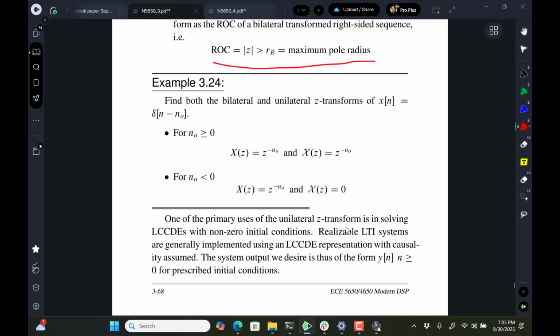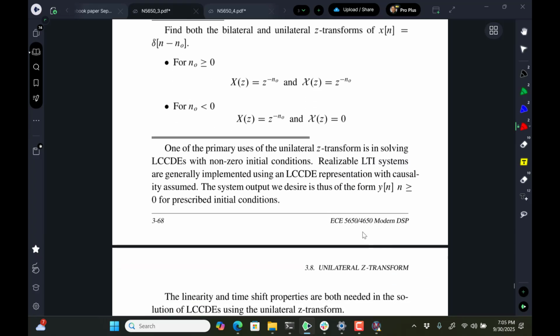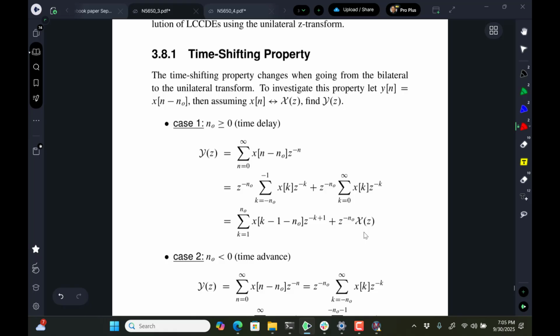Where things deviate is that with the 2-sided transform, we have sequence non-zero values that can be to the left of n equal to 0. And so with the delay theorem, for example, we don't get the same answer, and we have some strange behaviors, particularly with the time-shifting property.